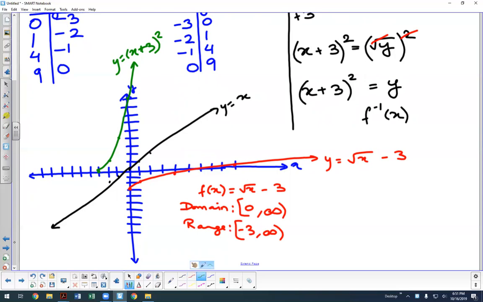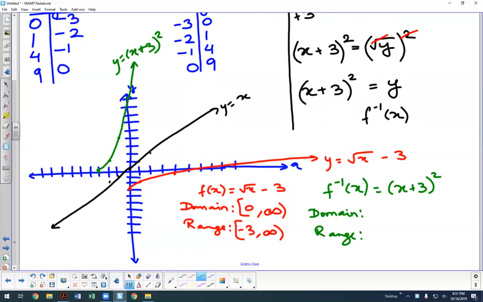And then for the inverse function, when you're talking in terms of domain, where are we going? Trey? Domain is -3 to infinity.